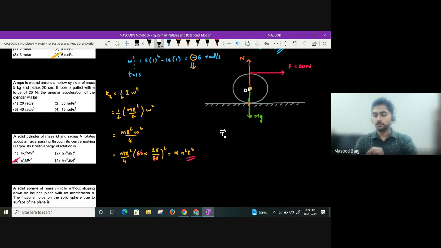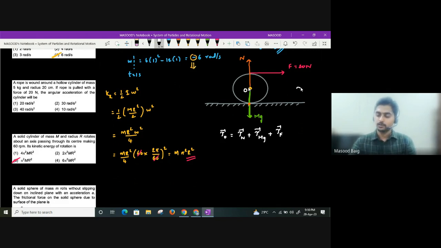I have three forces, guys. So torque can be due to normal reaction, torque can be due to weight, torque can be due to the applied force.